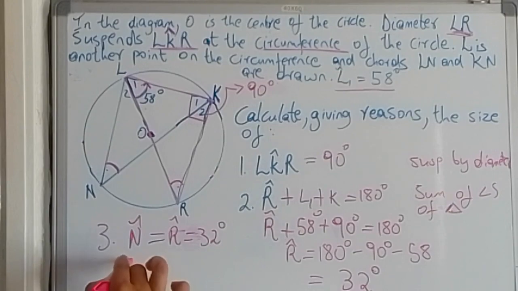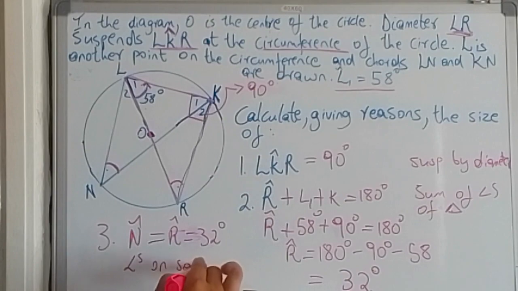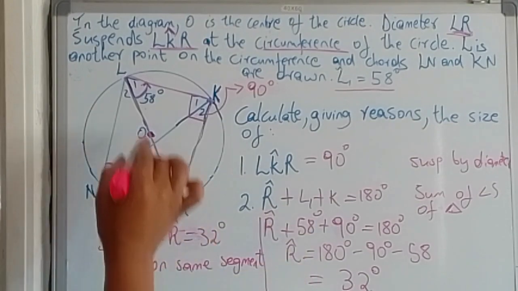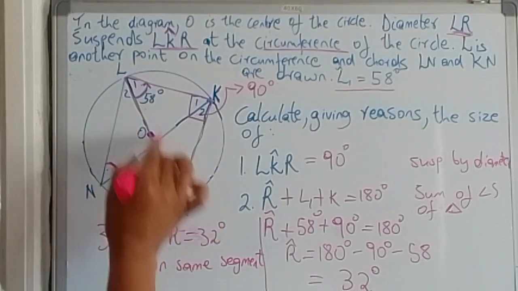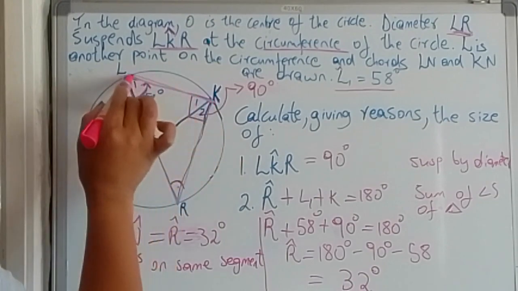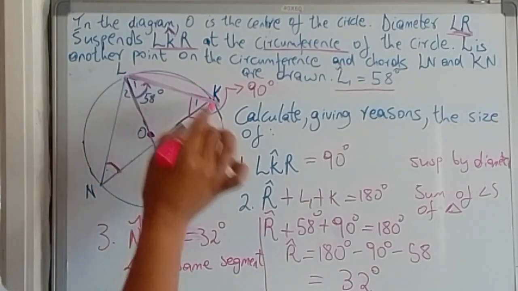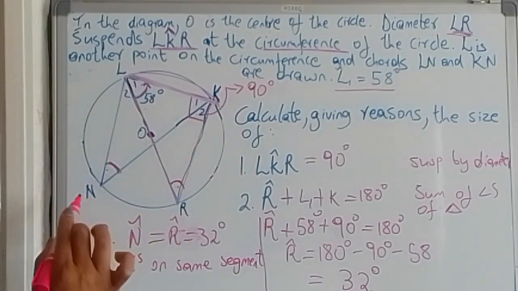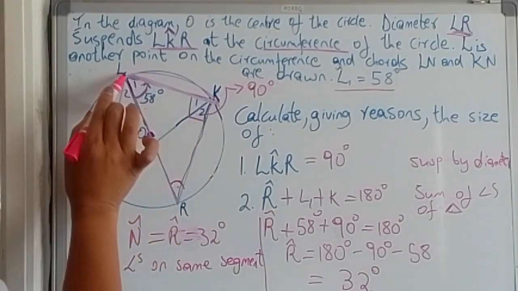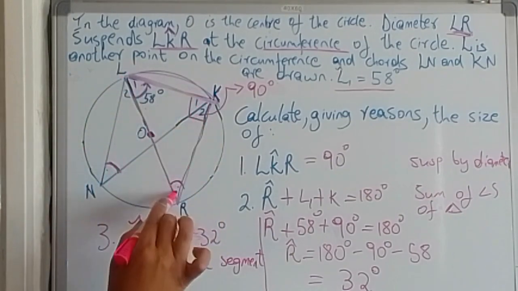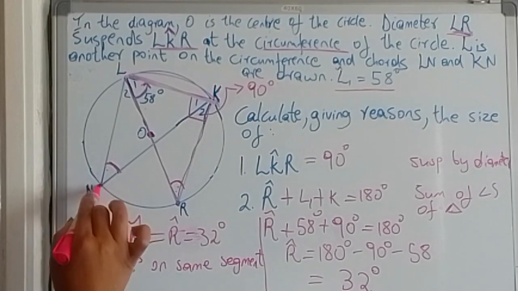The reason is angles on the same segment. That is another theorem that we learned previously, that if two angles are subtended by the same chord, these are subtended by chord LK or arc LK, and both of them are at the circumference. That means they are equal.